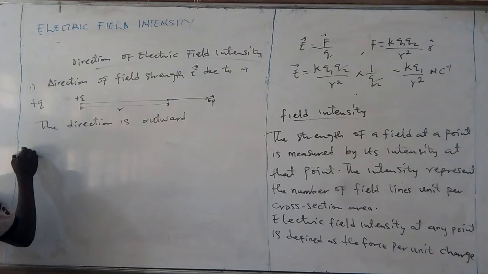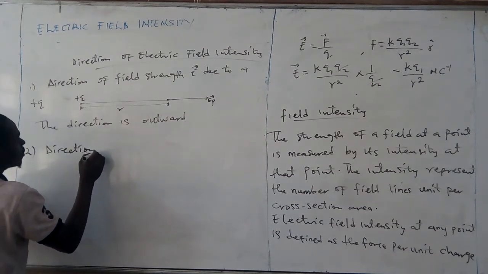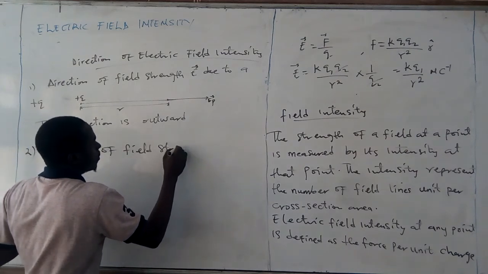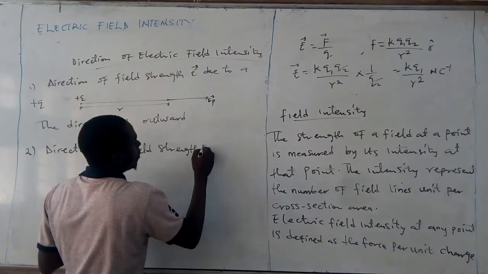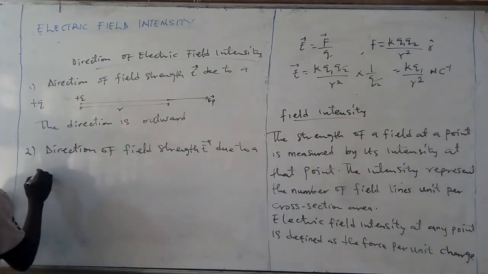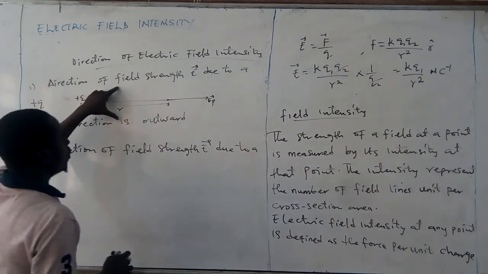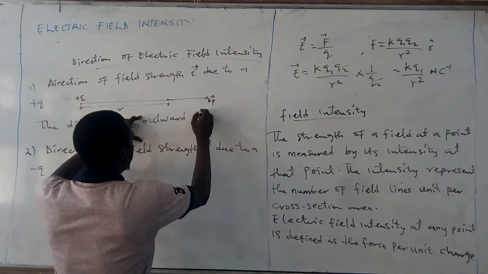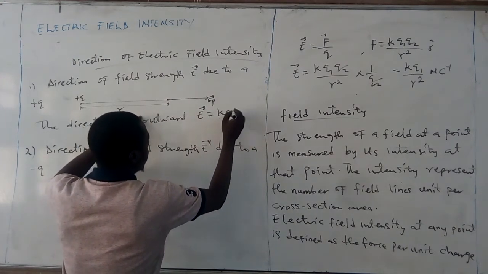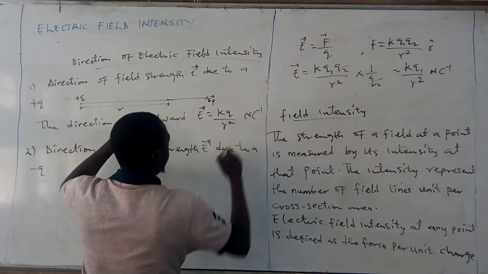So then for the second one, the direction of field strength E due to a negative charge. In this one, our electric field will be equal to KQ all over R squared in Newton per coulomb.